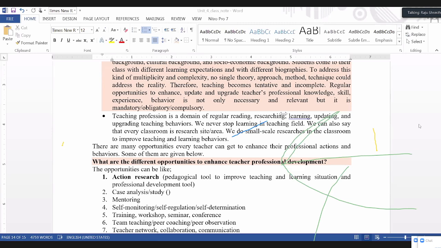Orientations are also there. Orientation of new areas, new content, new subject matter. Then short term refresher type of training. Then long term certification training. These are some provisions from the government side implemented in the present situation.